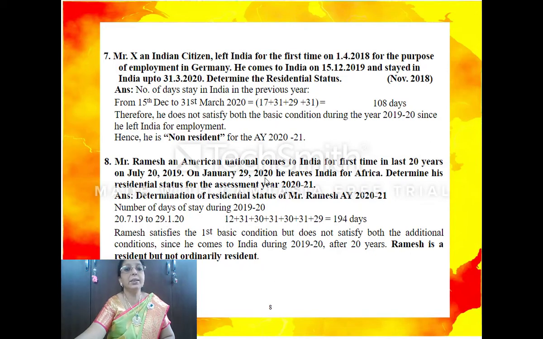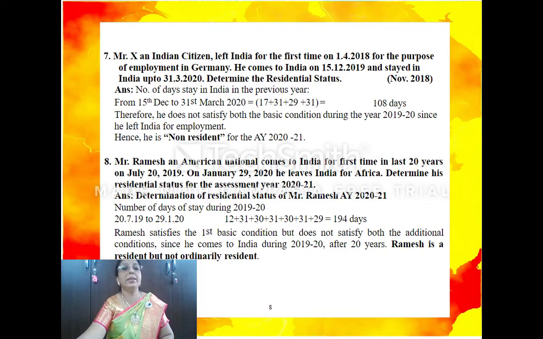So, July 12 days, August 31, September 30, October 31, November 30, December 31, January till 29, so 29 days. He is in India for 194 days during the previous year. Our condition is he should be in India for at least 182 days.